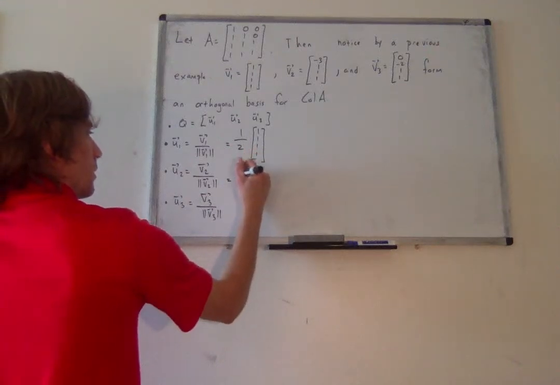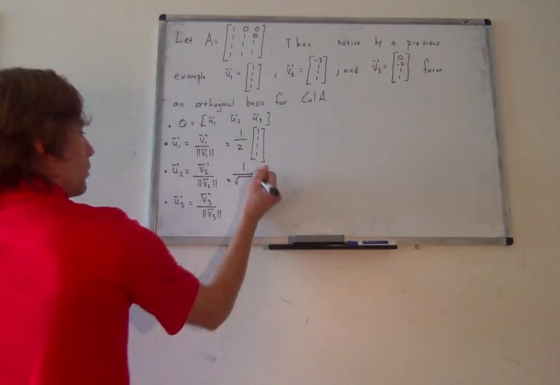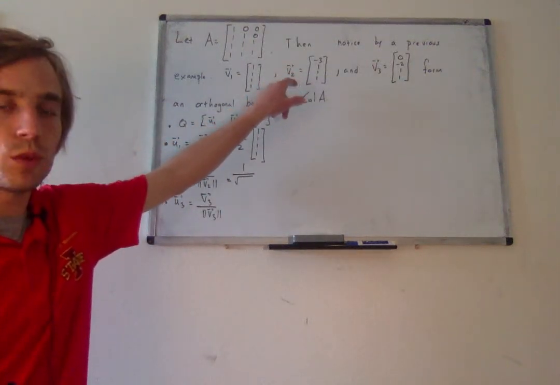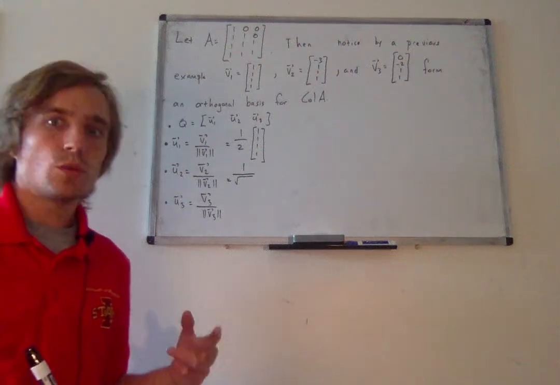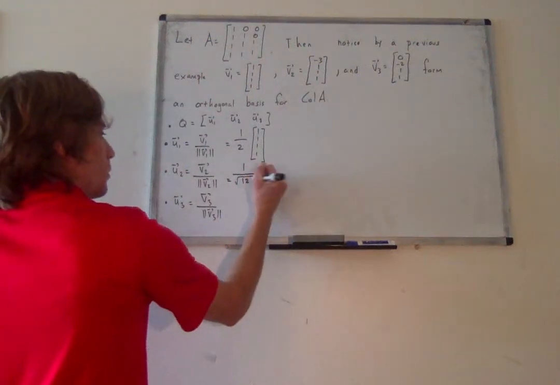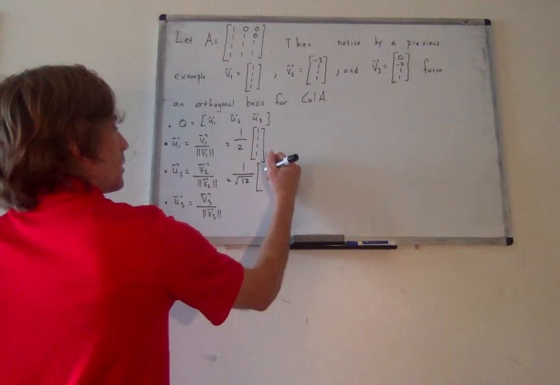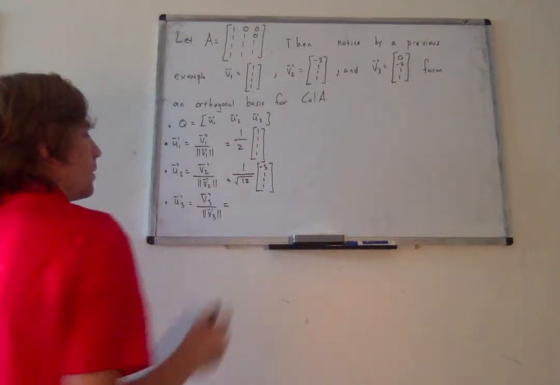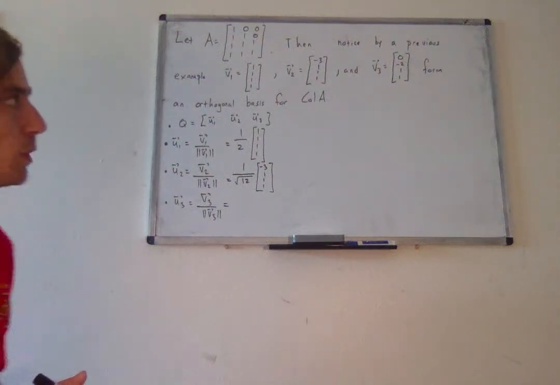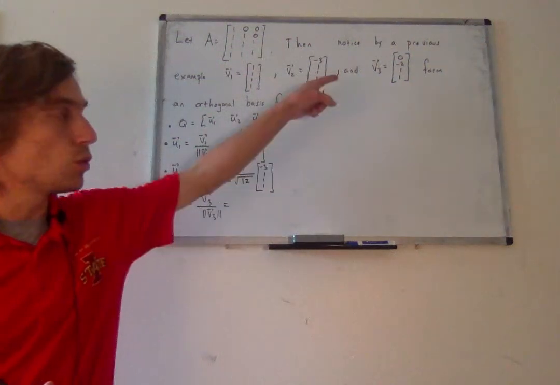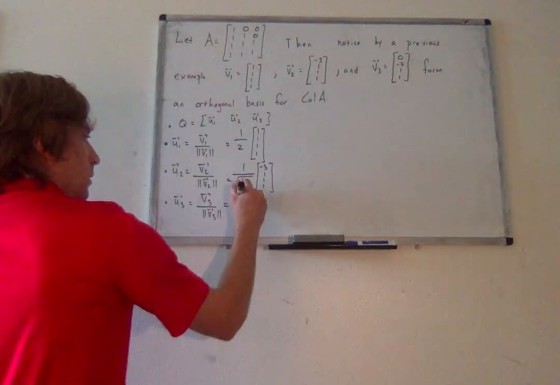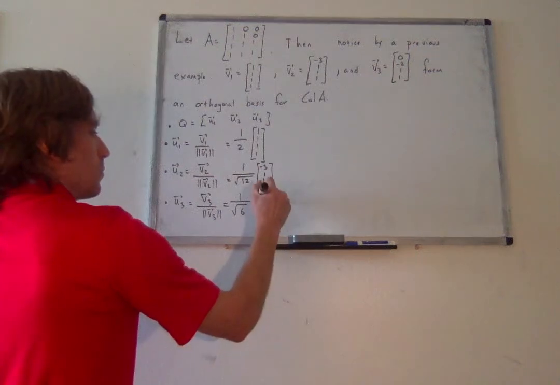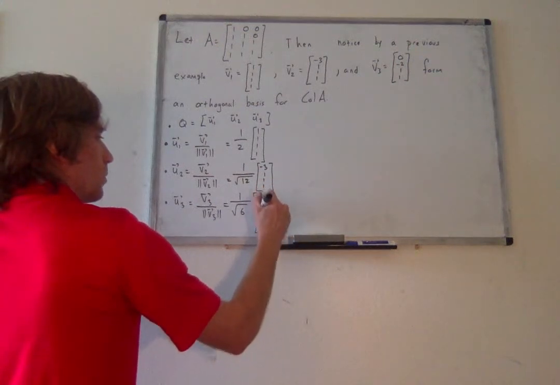So here, the norm of v2 is the square root of 3 squared plus 1 squared plus 1 squared plus 1 squared, which is 9 plus 1 plus 1 plus 1, which is 12. So this would be 1 over root 12 times -3, 1, 1, 1. The norm of v3 would be the square root of 2 squared plus 1 squared plus 1 squared, so this would be 1 over square root of 6 times 0, -2, 1, 1.